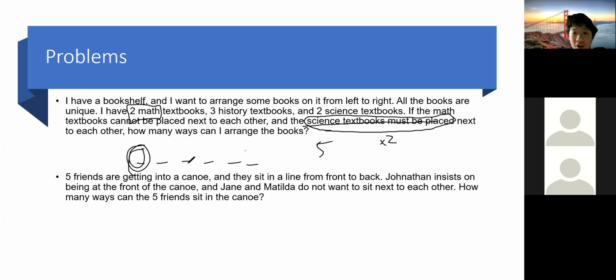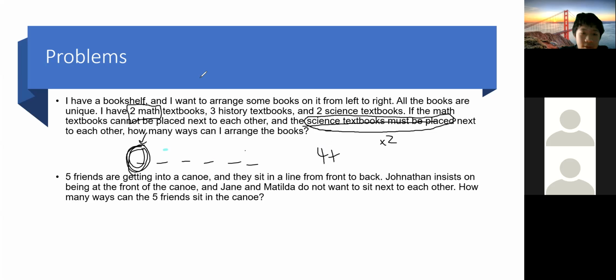Okay. So now our counting is going to change, right? We're doing the math textbooks again. This is how we're going to reserve them. We can have them like this. If the first textbook is on here, then the second textbook can be in 4 positions.